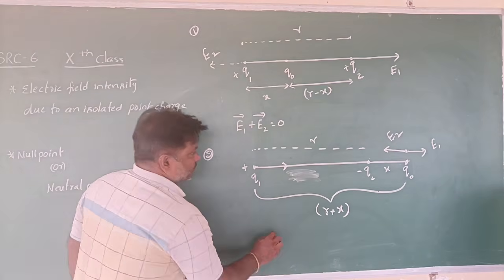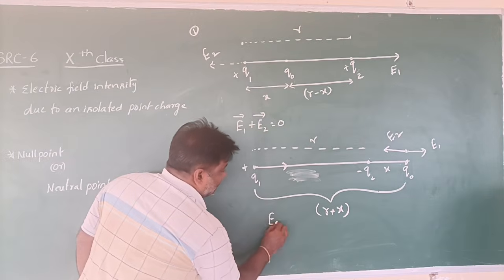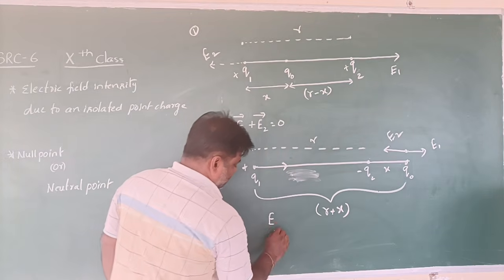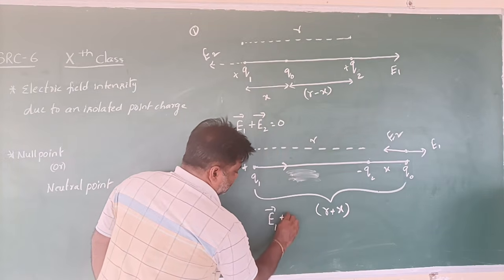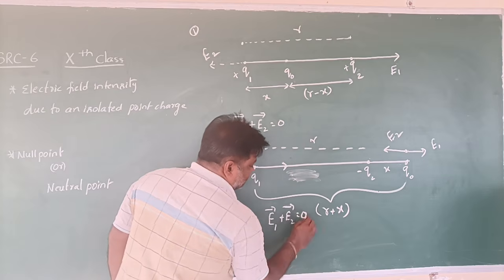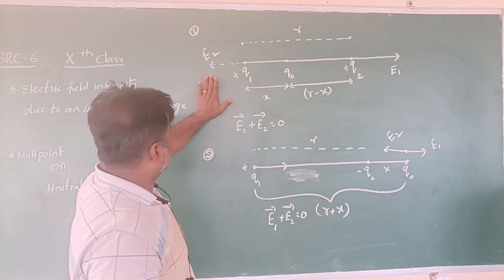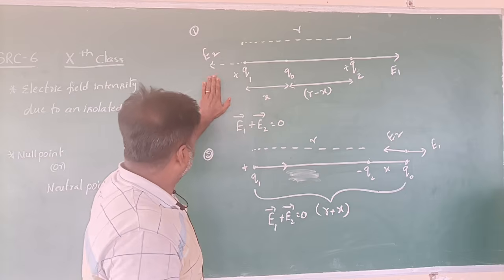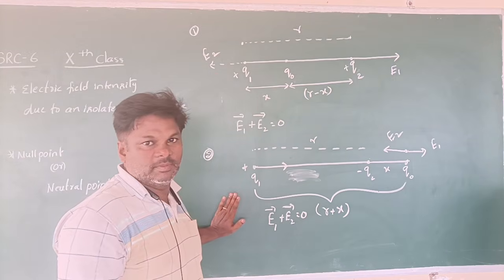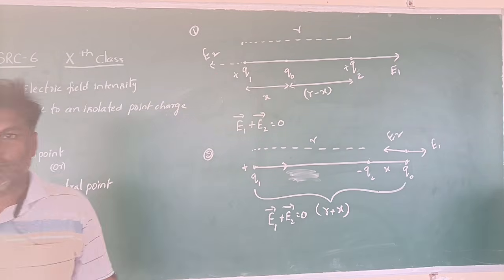Then there exists a null point at a distance of x when E1 plus E2 is equal to 0. Repeat this video once again and again, then you will get an idea, otherwise you may not. Listen carefully to these two. Tomorrow we are going to derive the expression for the null point for this one and for this one also. Note it down carefully, children.